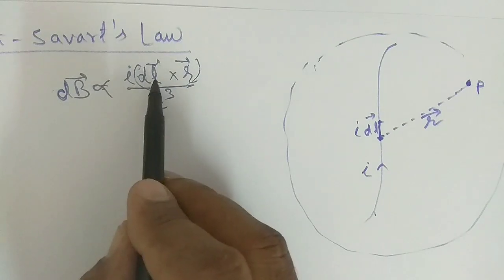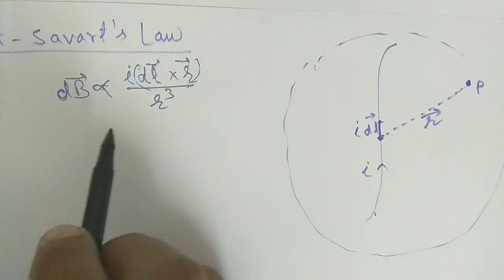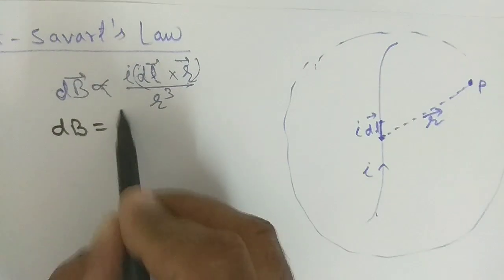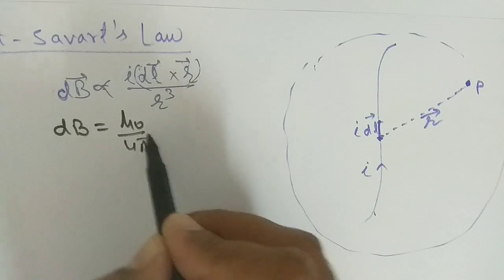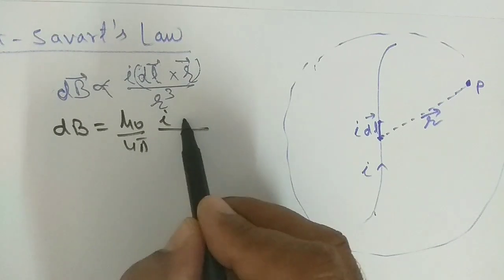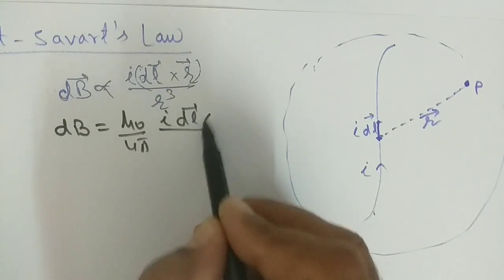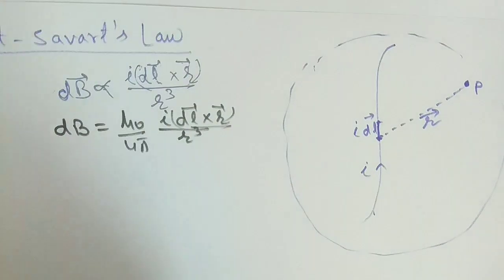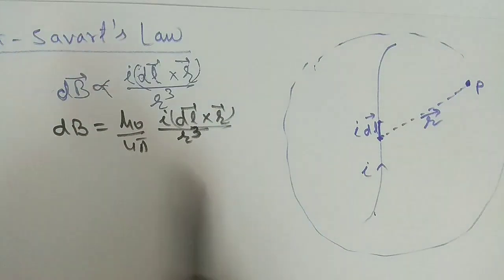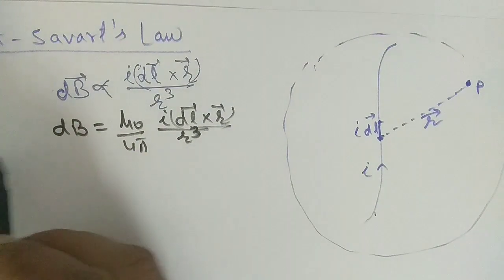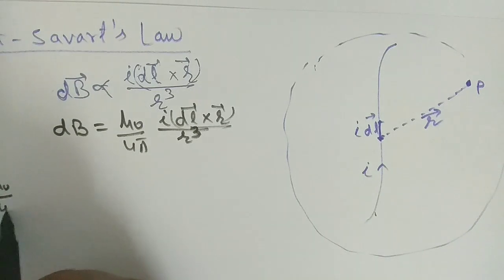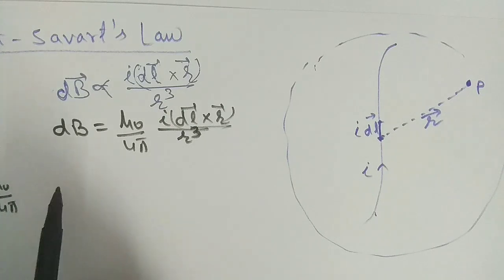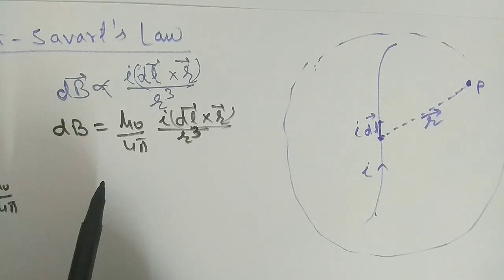It is the cross product of dl and r upon r cube. Or dB is equal to mu naught upon 4 pi, I dl cross r upon r cube. This is the law.